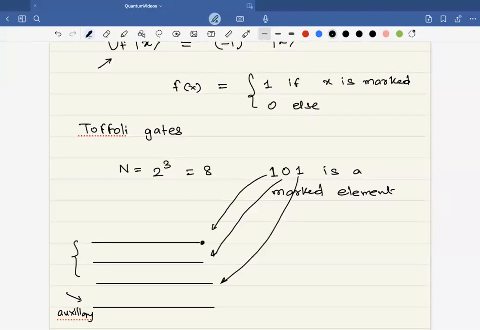So this will be a control, and then this will be a control NOT gate, right? And then we have the wires like this.